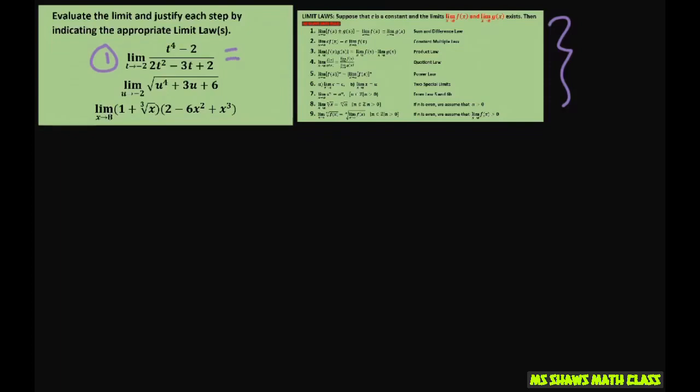So basically looking at this, what we're first going to start is we're going to use the quotient law, which in our case is number 4. So I'm going to rewrite this and save space.